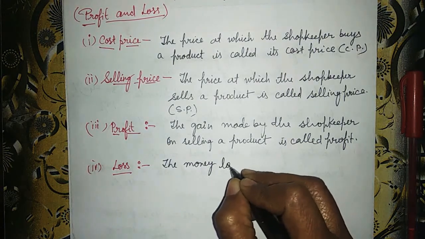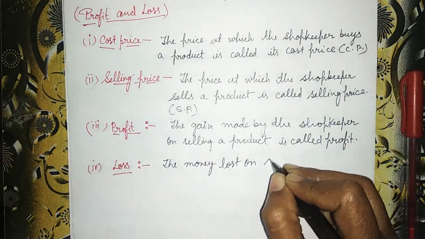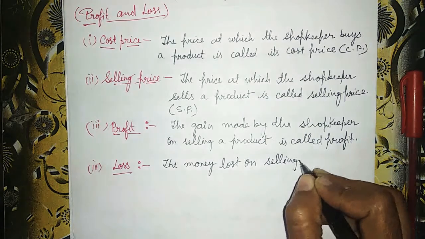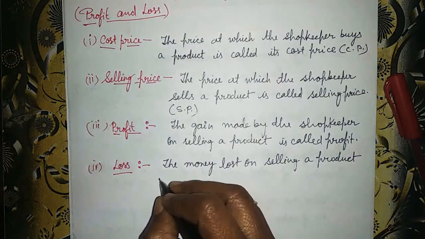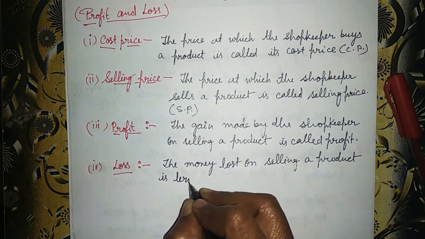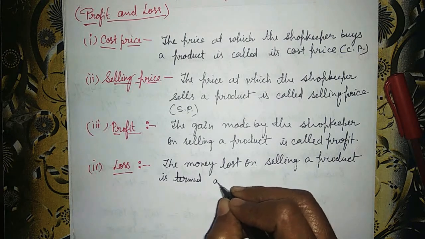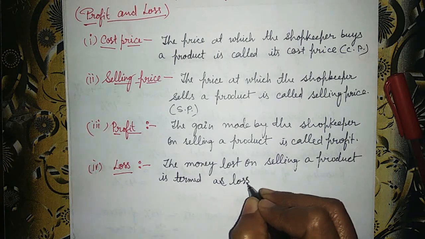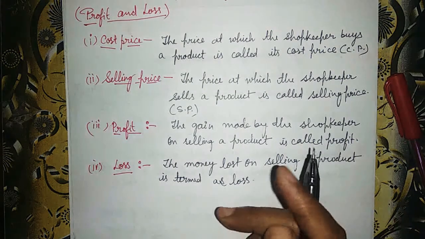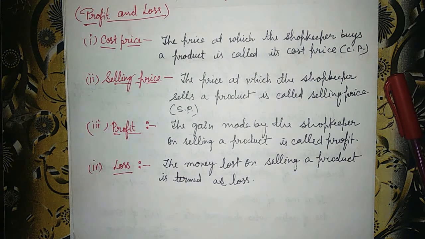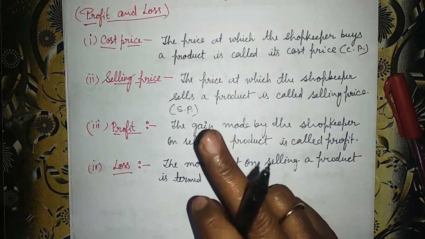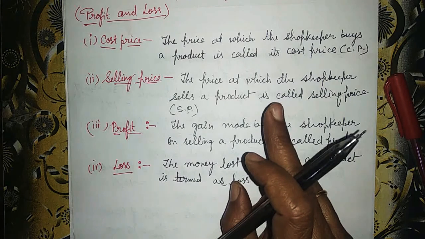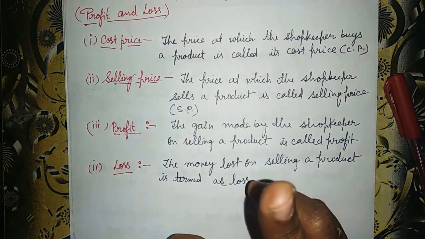The money lost on selling a product is termed as loss. Okay? And one more thing we can say, if SP is greater than CP, then the transaction results in profit, and if CP is greater than SP, then loss is incurred.